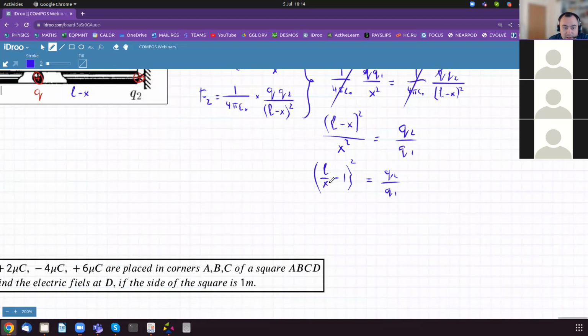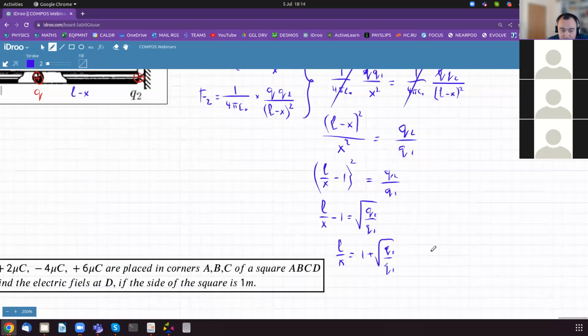And of course, L over x is greater than 1. So this is a positive value. You can't have x greater than L. So we only consider the positive answer. So Q2 on Q1, add 1. So L over x is 1 plus square root of Q2 on Q1.